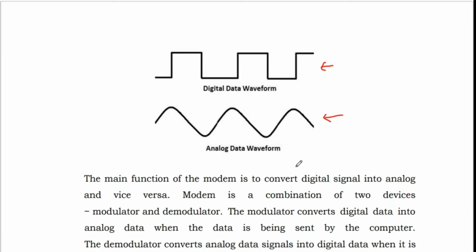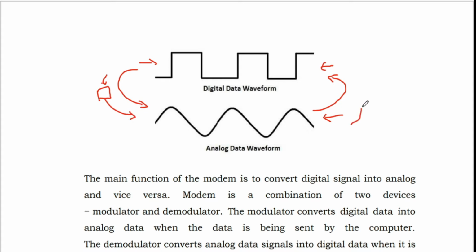Your modem is the device which converts from digital to analog and from analog to digital. Whenever your computer communicates with the outside world, it transfers the instructions in digital form, and the modem in between receives these digital instructions, which are zeros and ones, and converts them into analog form.